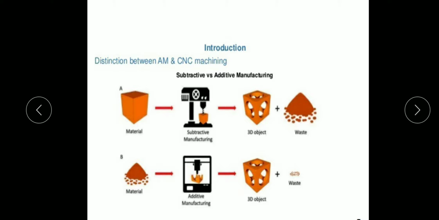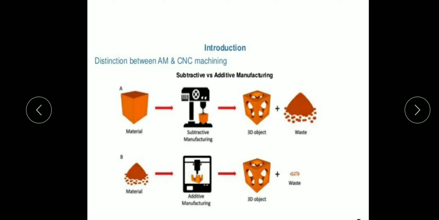In CNC part processing, the raw material is taken in structural forms like billets, sheets and rods, which are then fed into the CNC machine. The CNC machine removes the unwanted raw material and gives the final finished 3D object.